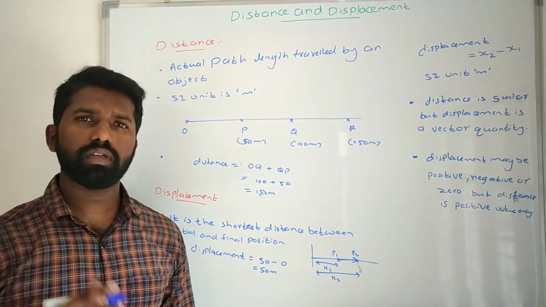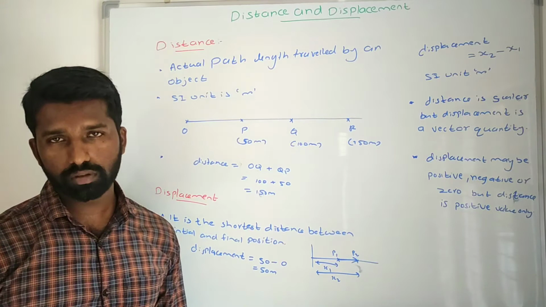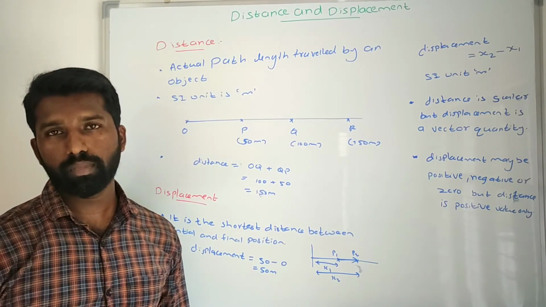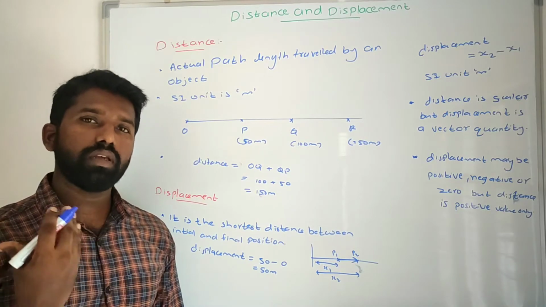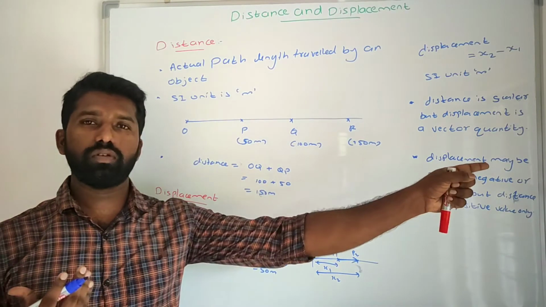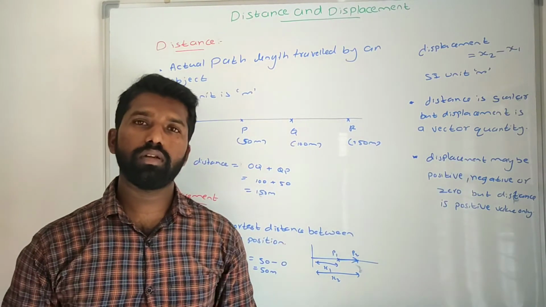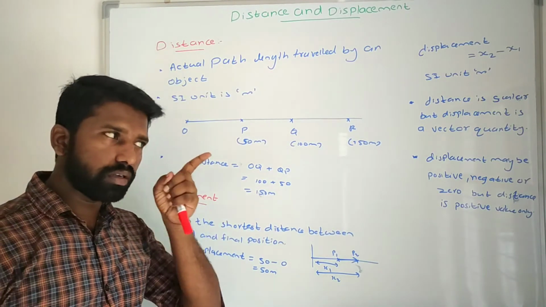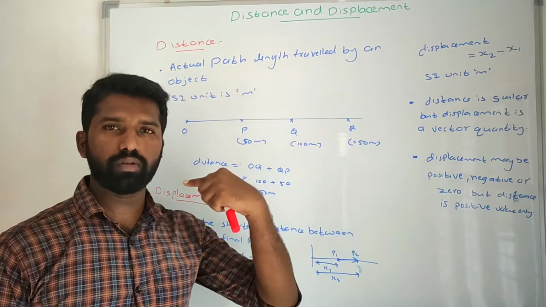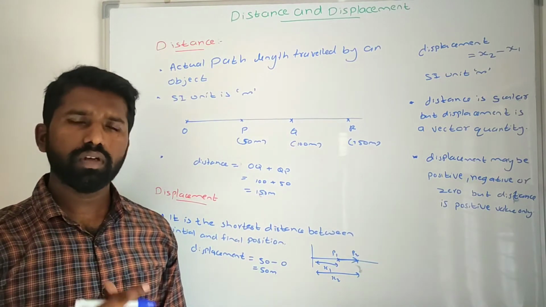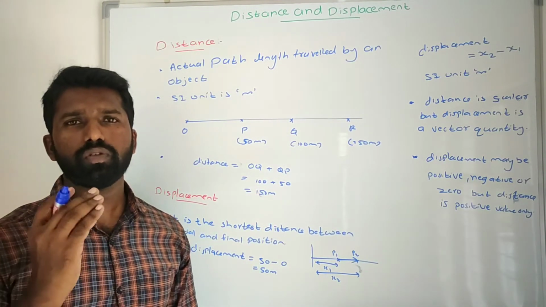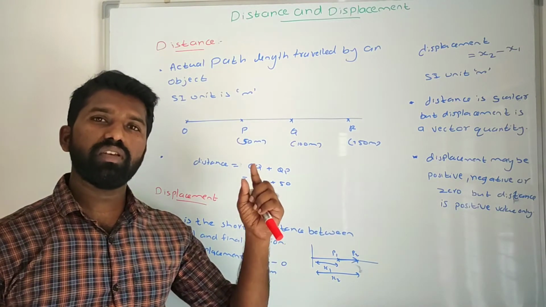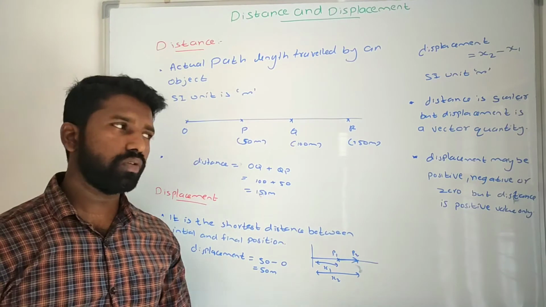How does displacement come positive, negative, or 0? Because displacement is a vector quantity. Here we are studying straight line motion. In straight line motion, the particle has only two directions: one forward, the other backward. So the direction of motion of an object can be specified using positive and negative signs.